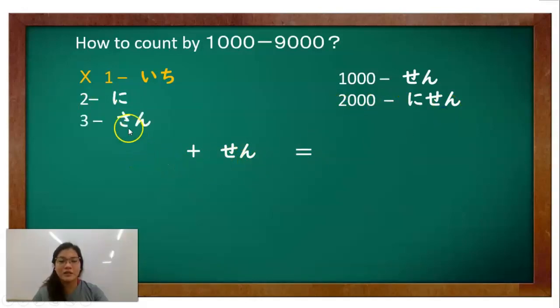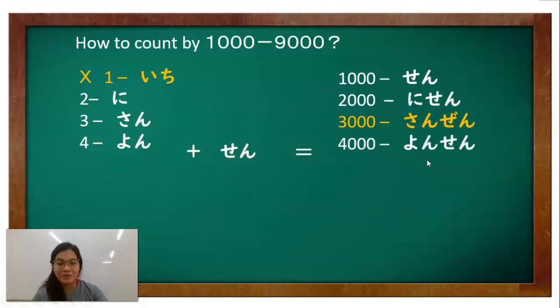Okay, next. San plus sen is equal to sanzen. Sanzen. Okay, so 3,000 is also special with the ten ten here. Okay, sanzen. Next, 4. Yon plus sen is equal to 4,000. So that will be yonsen. Okay, how about 5,000? So, go plus sen is equal to gosen.